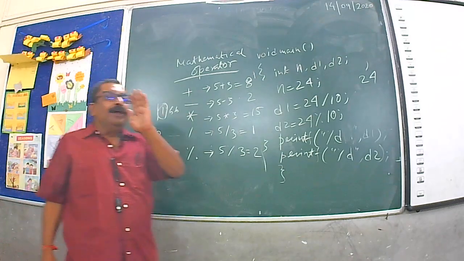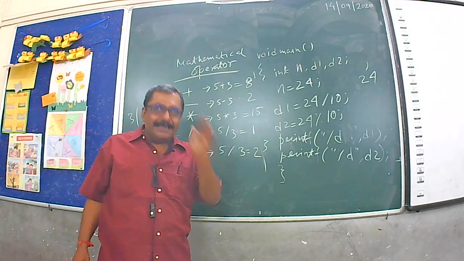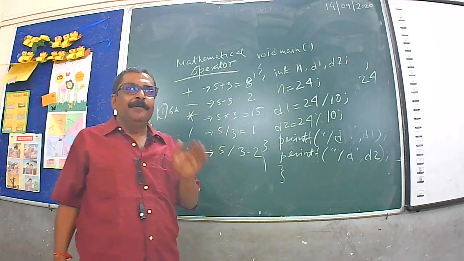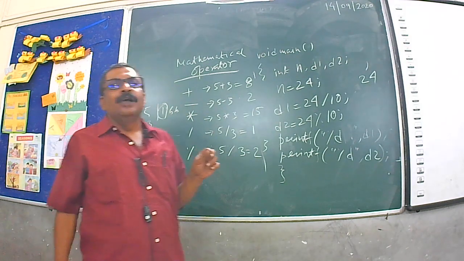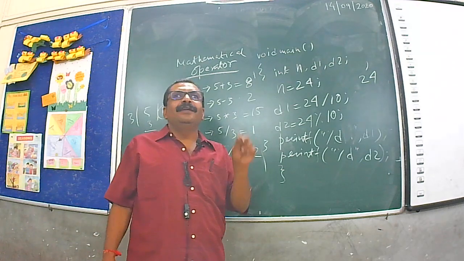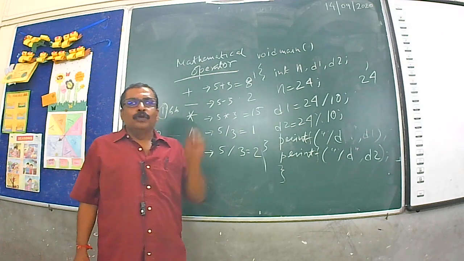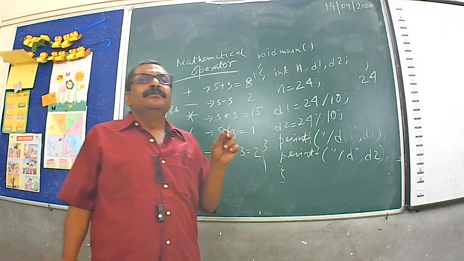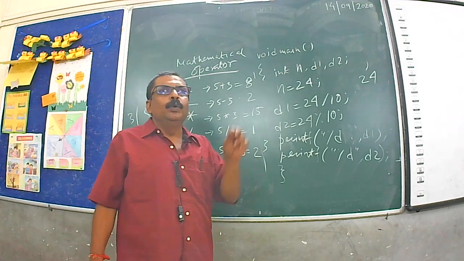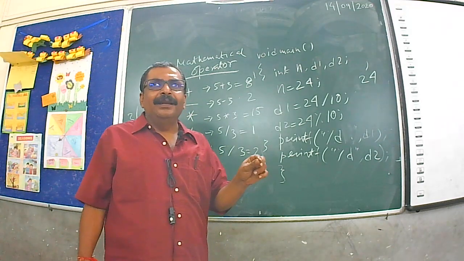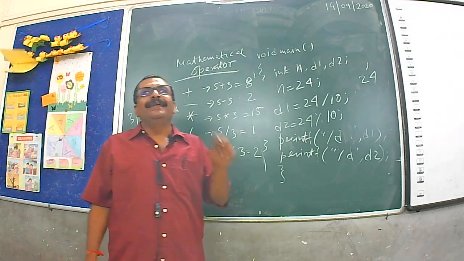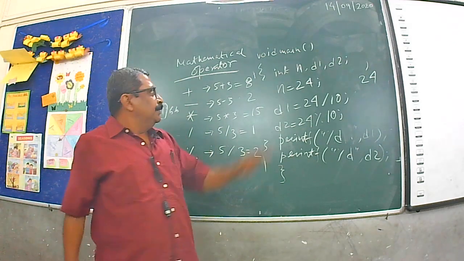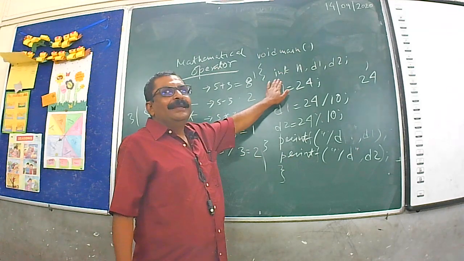The C compiler understands numbers in two ways at the preliminary stage, there are a lot of things, but remember these two: one is integer, another is fractional number. So, if we want to work with an integer number or whole number, then we have to declare the data type int. That is the reason behind int.